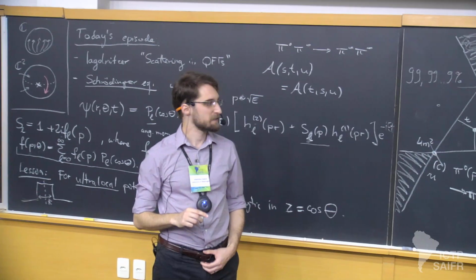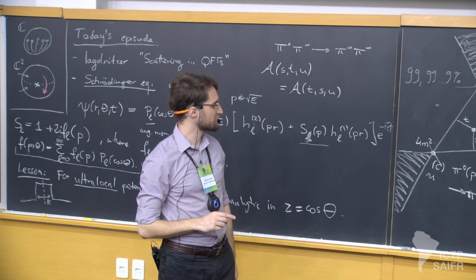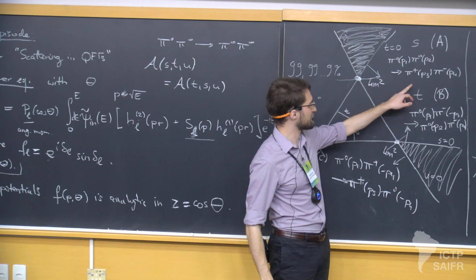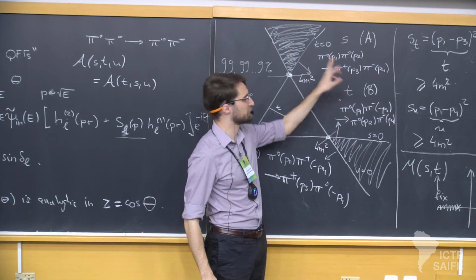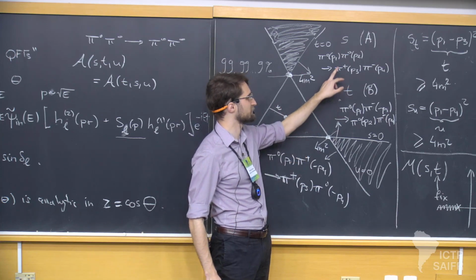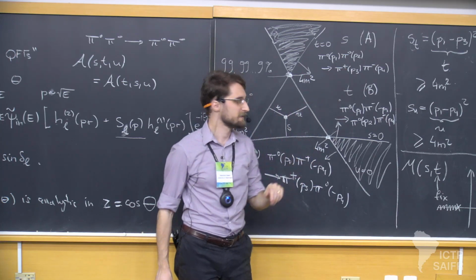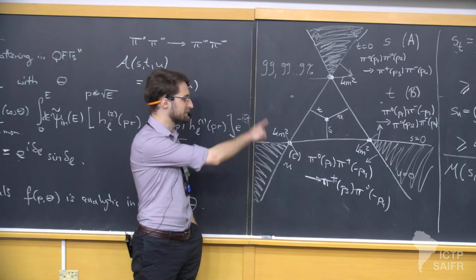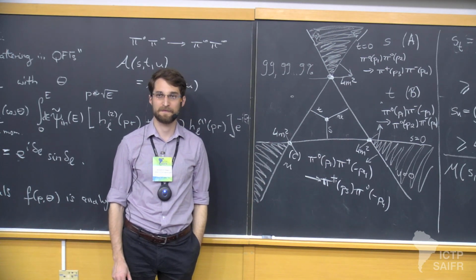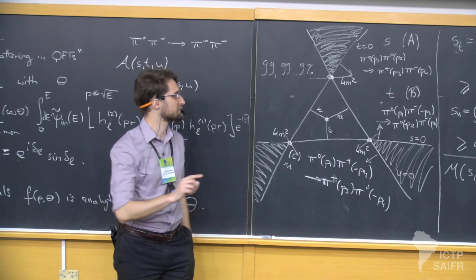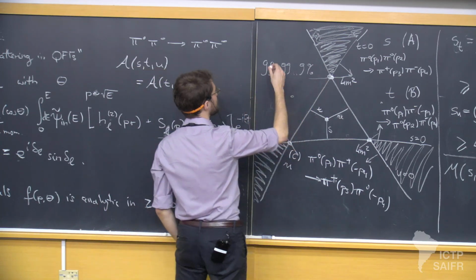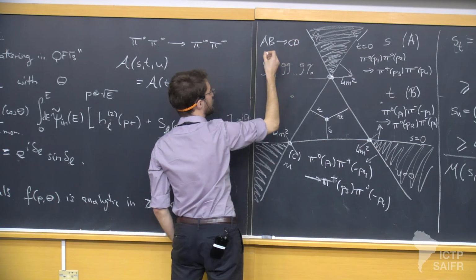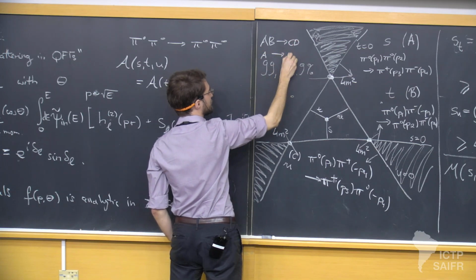Yes. By the way, crossing also allows for going from something like a 2-to-2 state to a 1-to-3 state, right? We can take a particle and switch it to an antiparticle. If it's kinematically allowed, so if we have a process, some particles A, B go to C, D, we can cross it and do something like this.